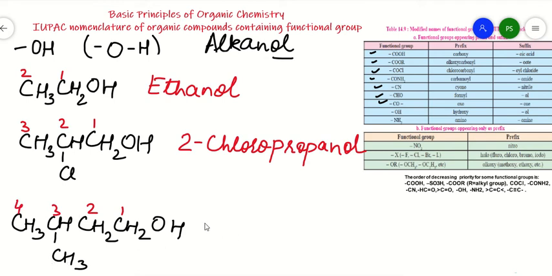So the name of the compound would be 3-methylbutanol. So children, this is how we write the IUPAC name of compounds containing the OH group.